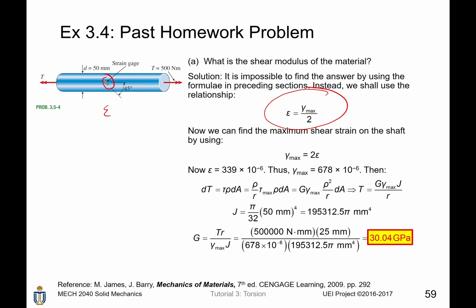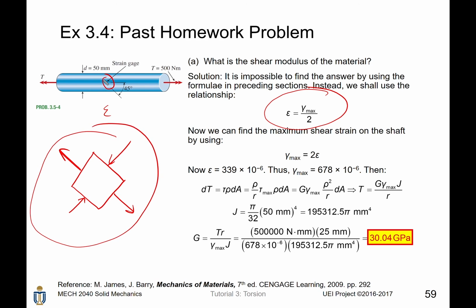Still remember that for a 45-degree inclined element, there is no shear stress acting on it. Instead, there are axial stresses acting on this element. Still remember that for the positive torque, it is tensile in this direction, while it is compressive in this direction. Under this case, this stress element is under the maximum axial strain.